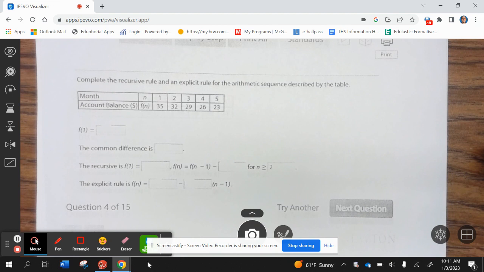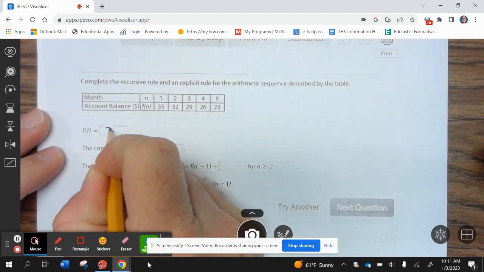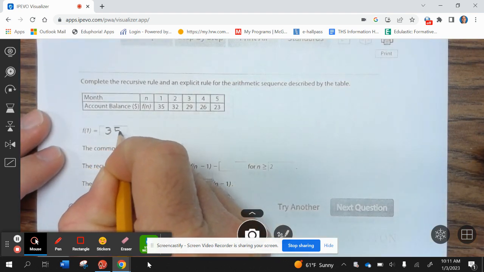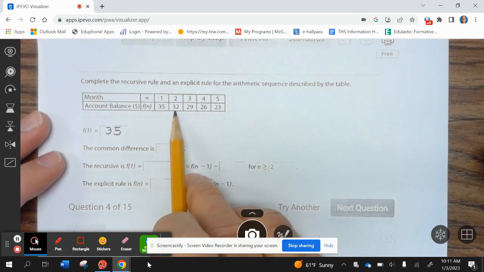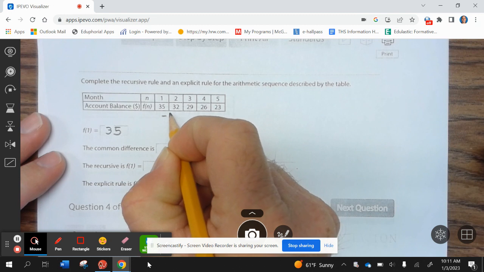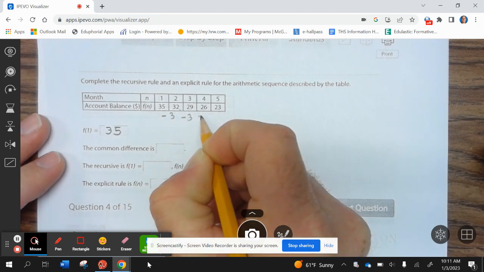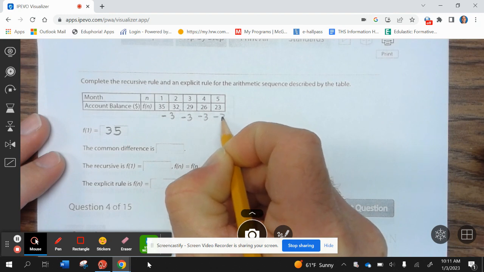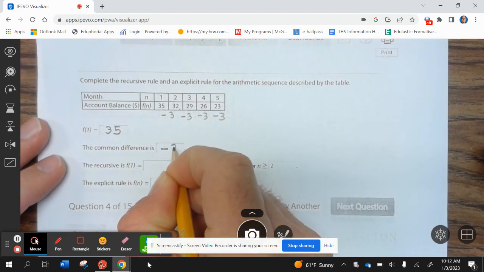All right, complete the recursive rule and explicit rule for the arithmetic sequence described by the table. Okay, so f of 1 is the first value, so that's 35. The common difference, well, what do you do to get from 35 to 32? Well, we subtract 2. I'm sorry, 3. Subtract 3 and subtract 3. So our common difference is negative 3.